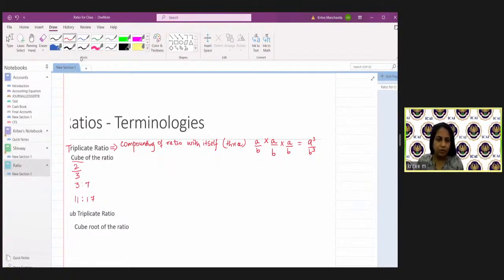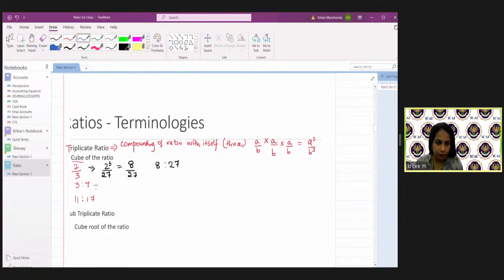So when you're doing it in calculator, you have to multiply 2 thrice and 3 thrice. And when you do that, 2 multiplied thrice would be 8. 3 multiplied thrice would be 27. So cube of 2:3 is 8:27.